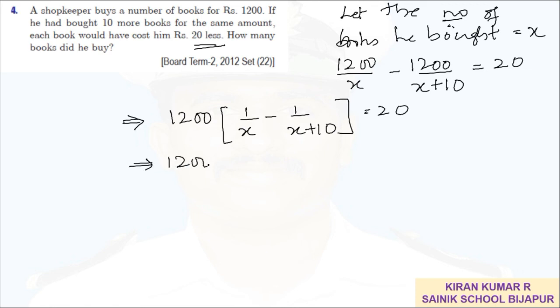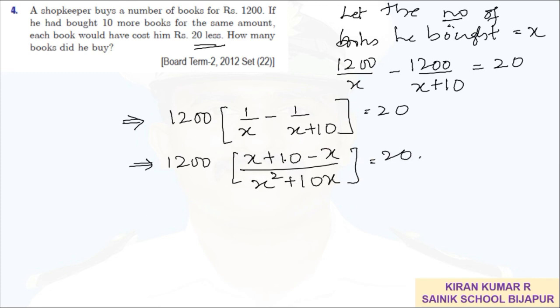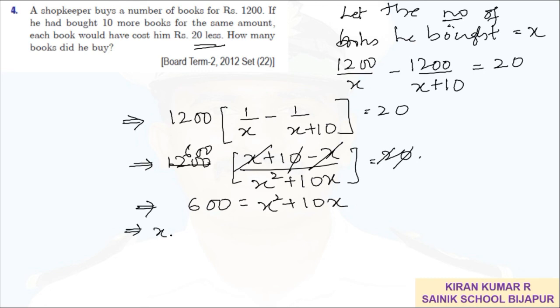So 1200 times (x plus 10 minus x) divided by (x square plus 10x) equal to 20. Here x and x will get cancelled. One of the 0s you can cancel to get 600. So we will be getting 600 equal to x square plus 10x. So the equation obtained is x square plus 10x minus 600 equal to 0.